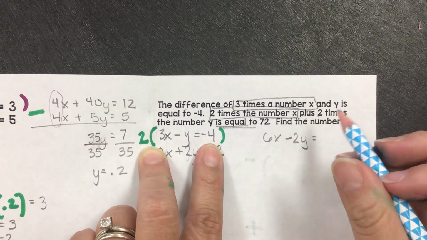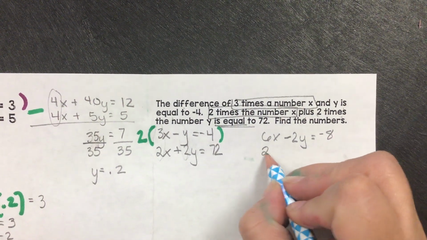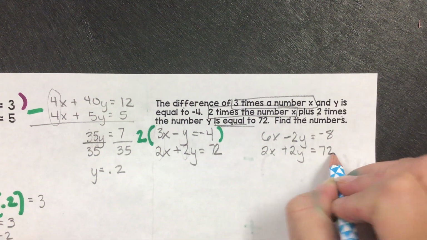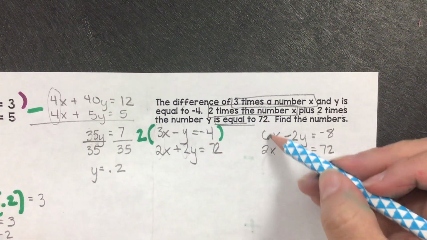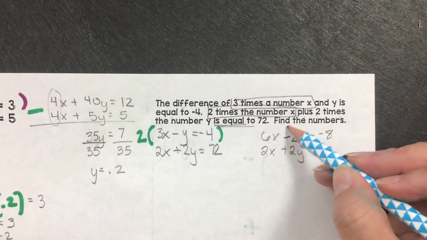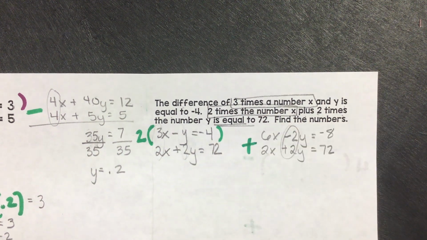And then 2 times negative 4 is a negative 8. Then we rewrite the second equation. And we're looking for the coefficients to be the same. That's not the same, but these are. They're different signs, so we have to add them together.